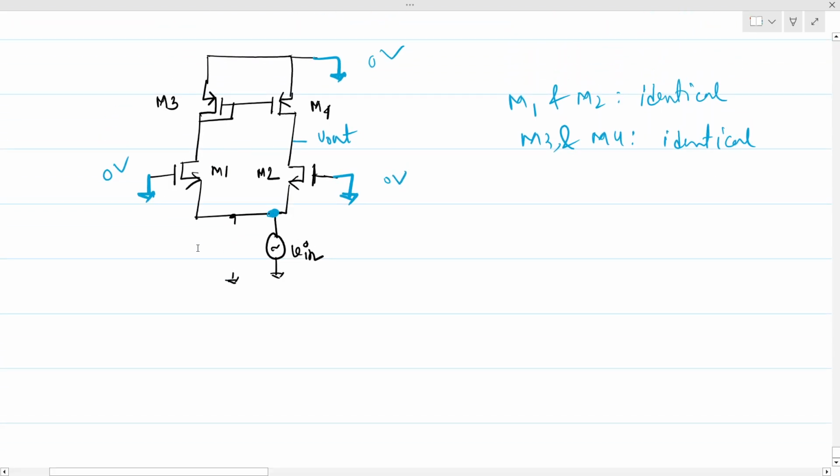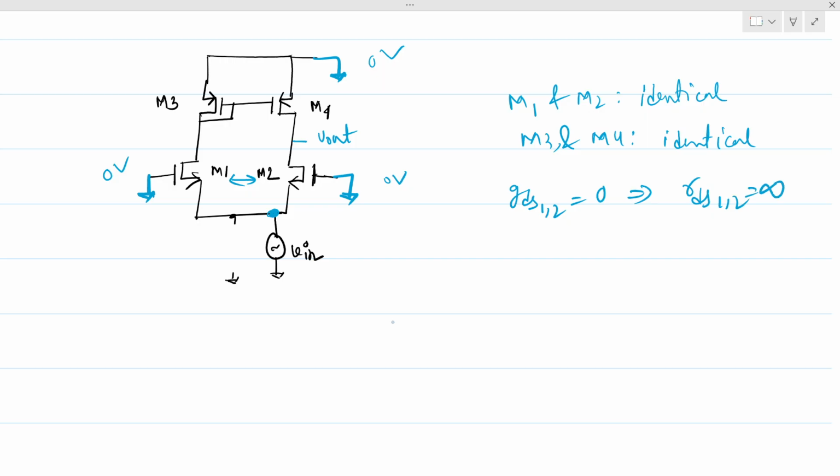So let me do the small signal analysis first by drawing the small signal parameters. And for easy calculation, I am neglecting channel length modulation of the input pair. Okay, so GDS of M2 is 0, that implies RDS of M2 is infinity.